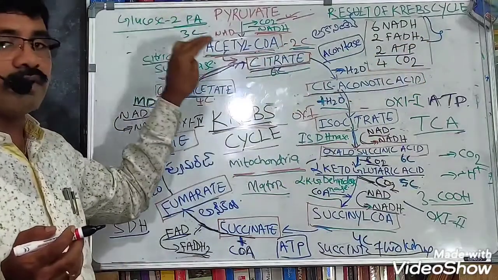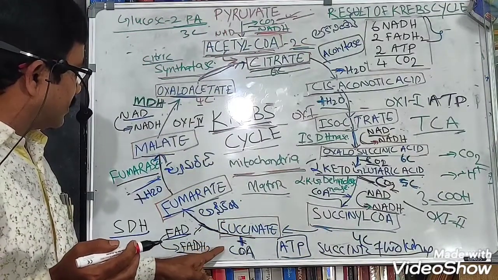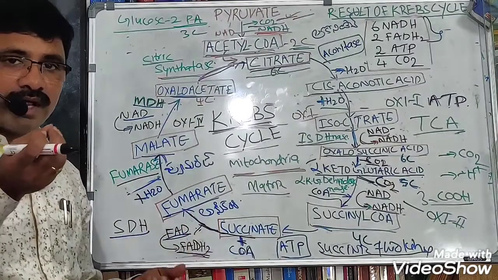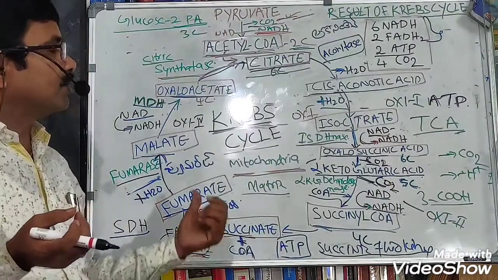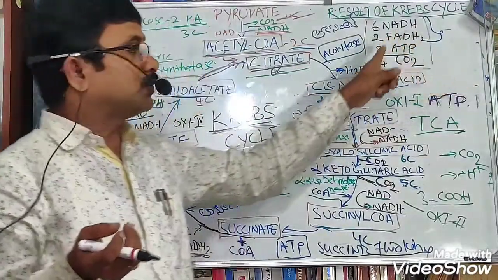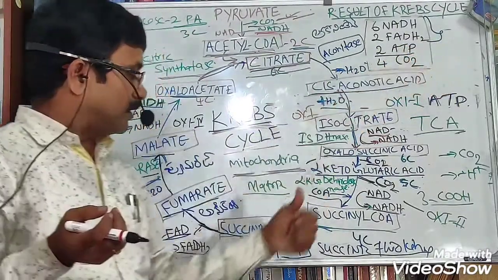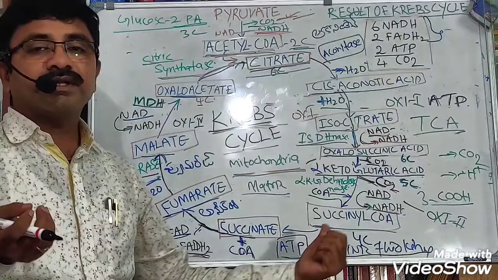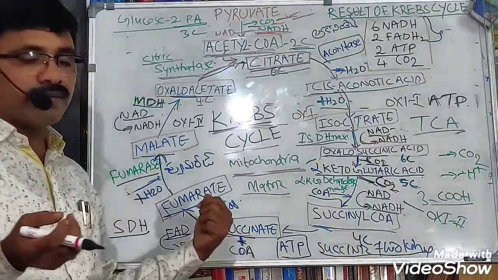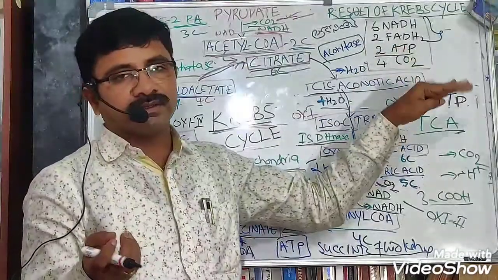Again, for 2 molecules of pyruvic acid, during conversion of succinic acid into fumarate, the hydrogen acceptor is FAD, so 2 FADH2 are also generated. 2 ATP molecules are generated by substrate level phosphorylation, where succinyl CoA splits to form succinic acid and coenzyme A. And 4 CO2 molecules are released.